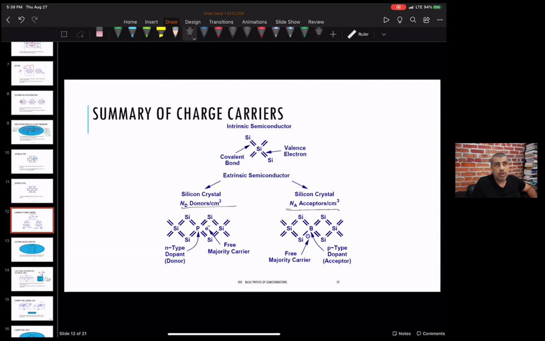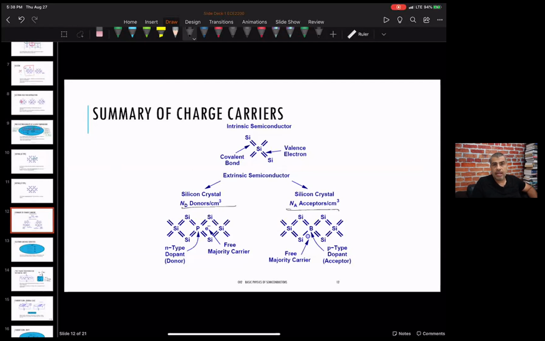I remember I had kind of a problem with the idea of holes initially. From a physics standpoint, you can think of it as an absence of an electron.